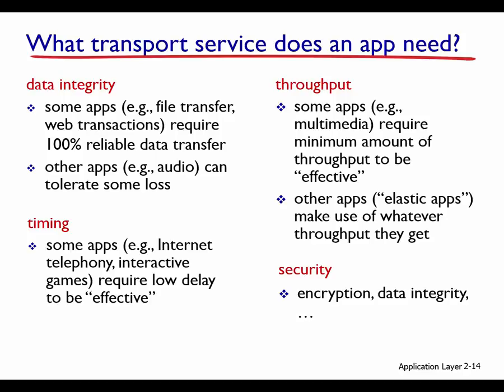So I think all applications have some level of security. But the data integrity part comes more into play when you don't want your data to be changed. That's more important in the file transfer paradigm.